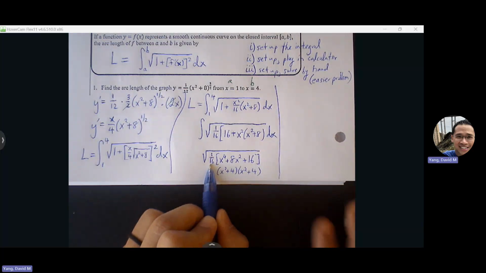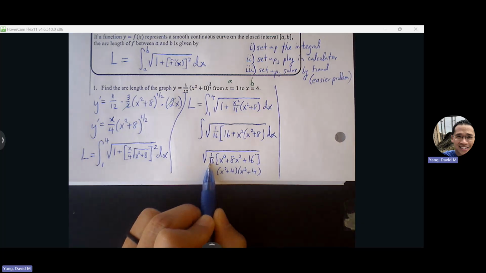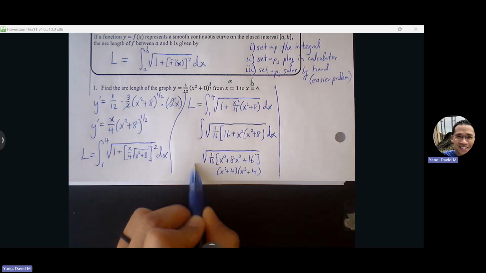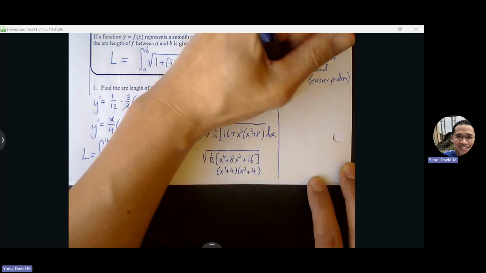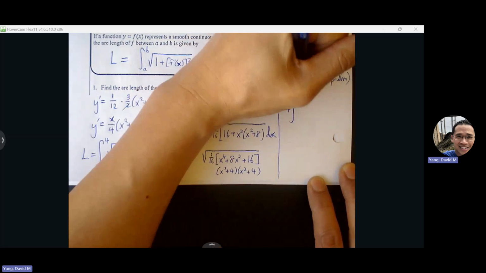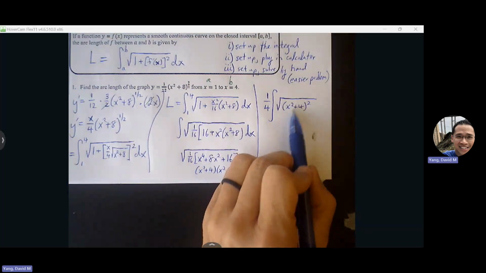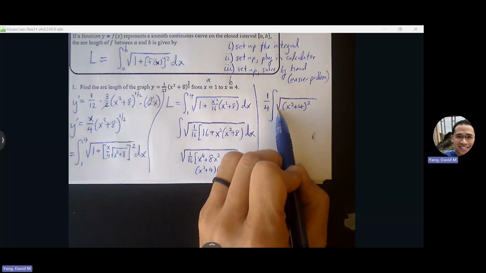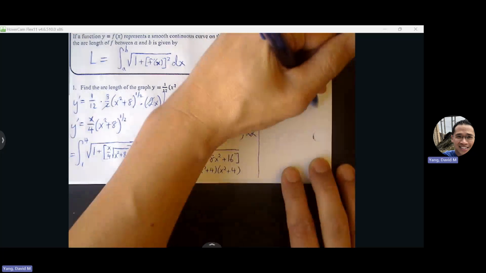Now, the square root of 1/16 we can pull out outside the square root. We know that square root of 1/16 is the same thing as a 1/4 in the front. So we can really take out a 1/4. And this is where we can do some cleanup, because there's x squared plus 4 quantity squared. Now these can cancel out, because there's no addition or subtraction separating the terms outside the parentheses. So this is a clean canceling out.